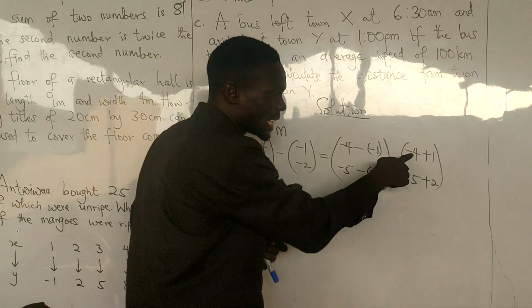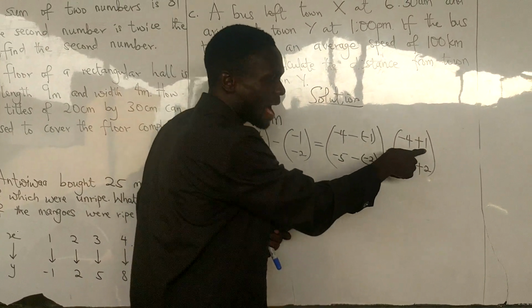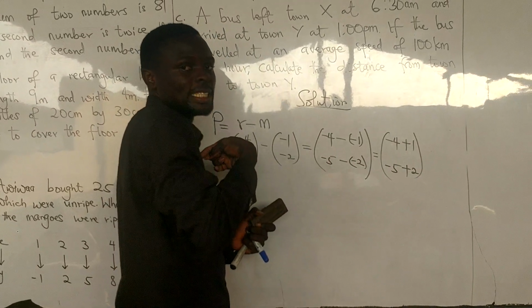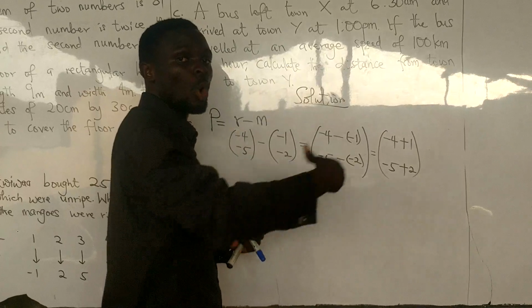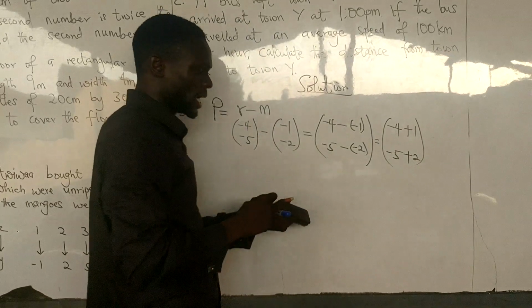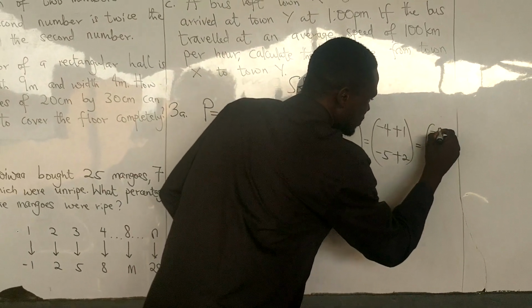Now here I have negative 4 plus 1. You owe 4, you have 1, because positive means you own and negative means you owe. So if I owe 4 and I have 1, if I pay, I'll still owe 3, which is negative 3.